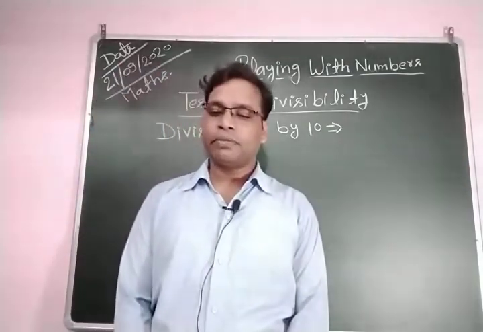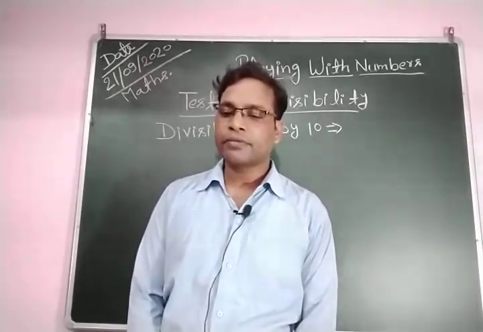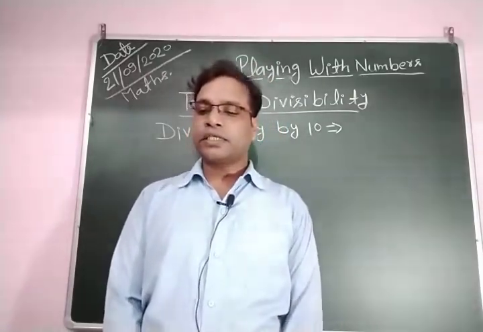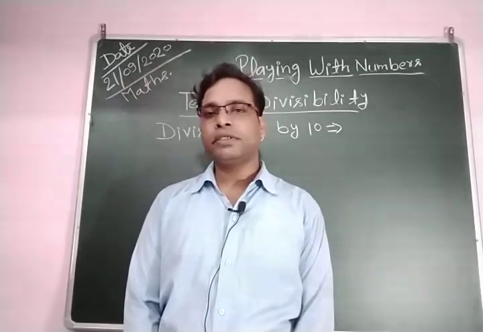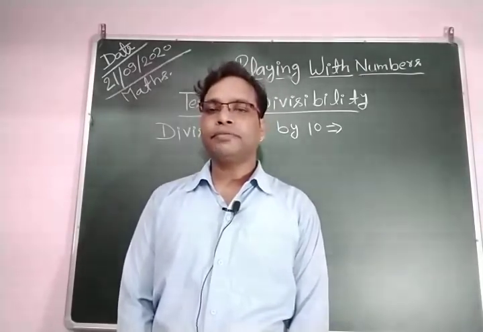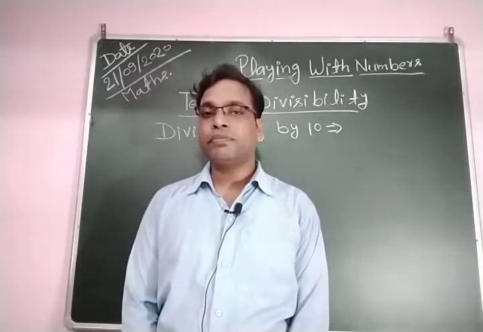So which number is divisible by 10? A number is divisible by 10 if its last digit, you can say unit digit, is 0. Any number that is divisible by 10 has 0 as its last digit, or unit place digit.